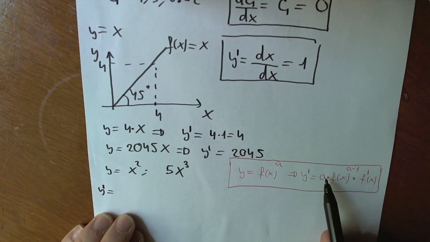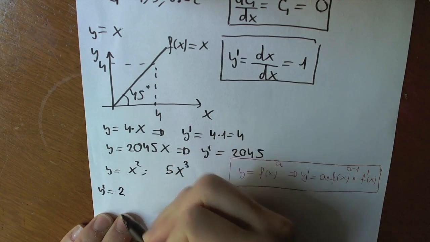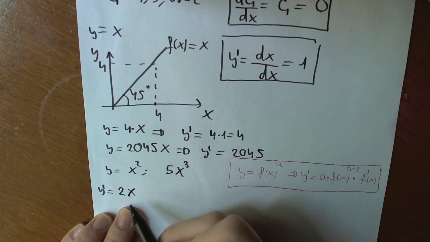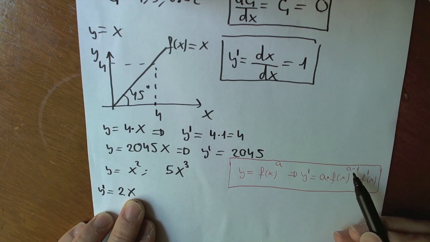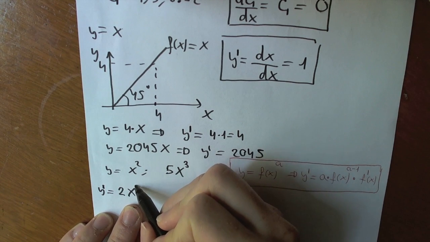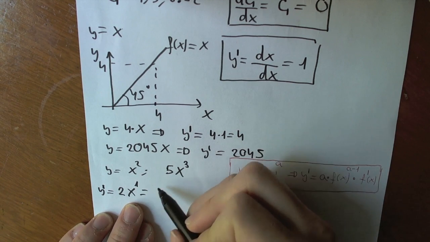So the 2 goes down, we write f(x), which is just x, and we decrease the power by 1 unit: 2 minus 1 is 1. So the derivative is 2x.